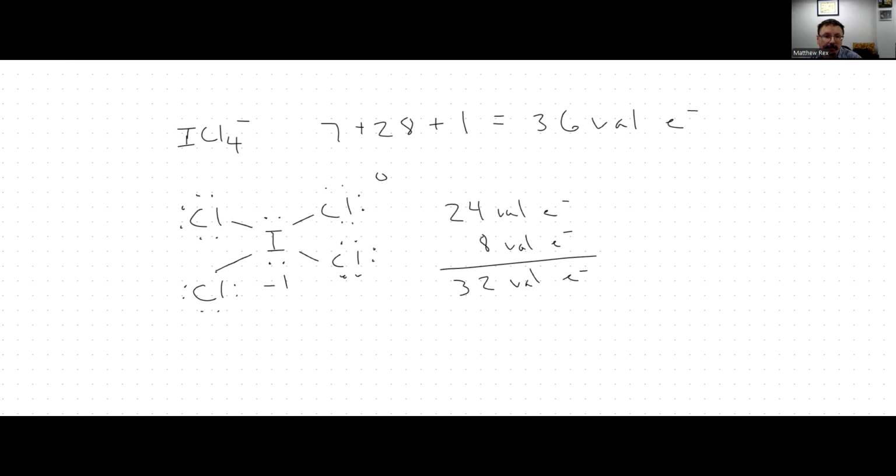So this would give us a molecule that overall has that minus 1 charge. And then if I have 2 lone pairs on the iodine, I have a total of 6 electron groups, 4 bonding, 2 non-bonding. This has an octahedral electron geometry and a square planar molecular geometry.